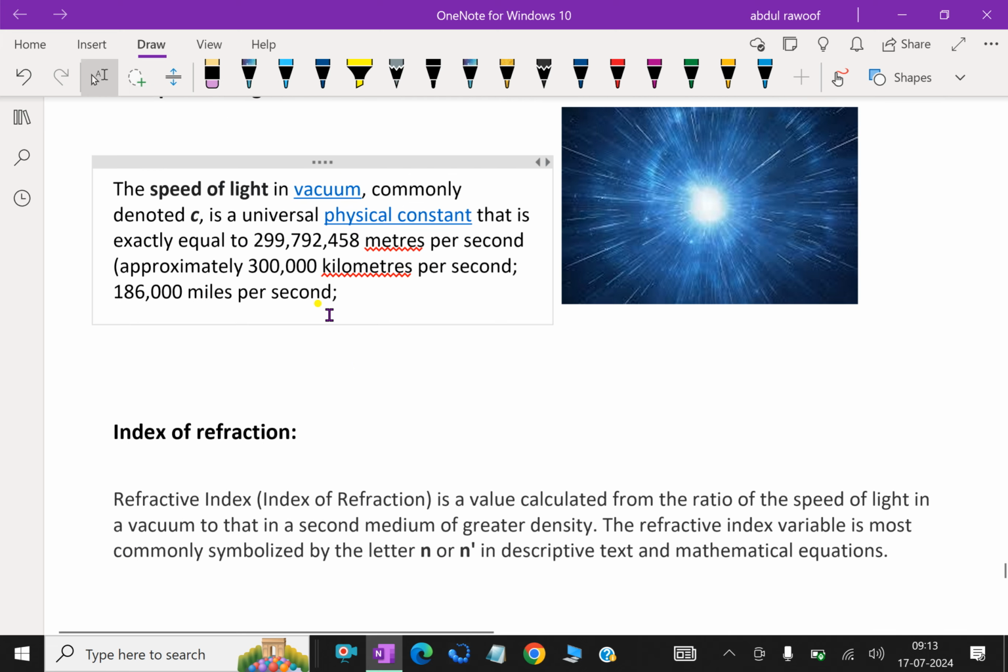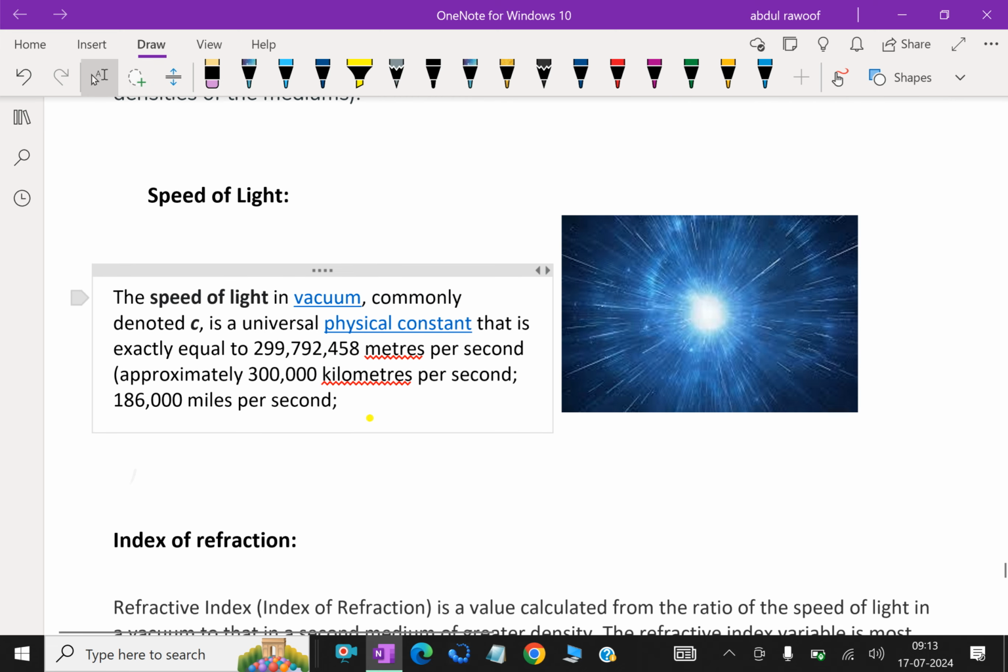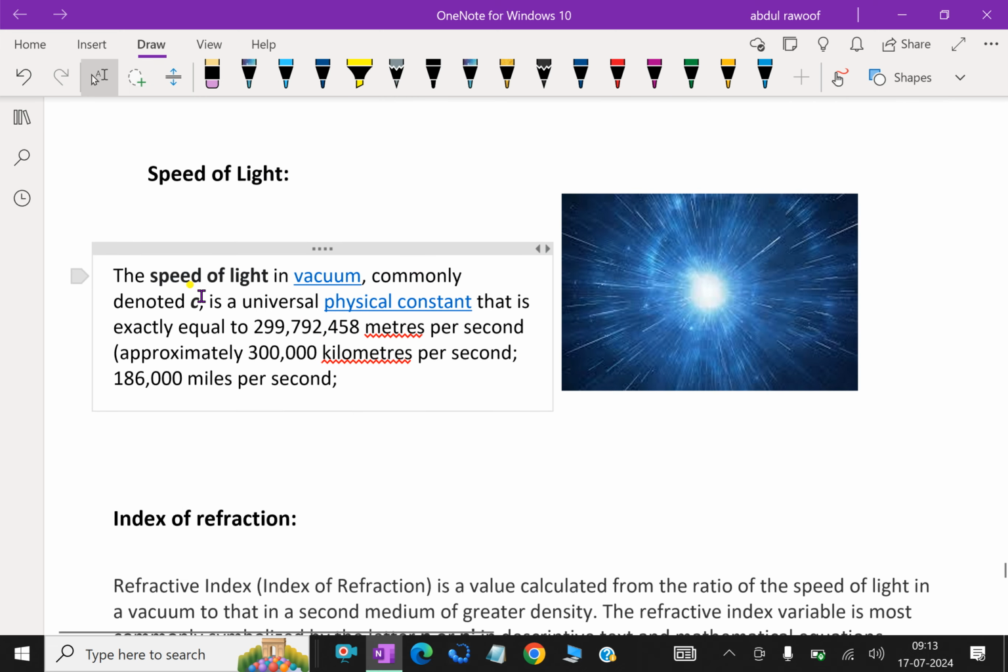Next, speed of light. The speed of light in vacuum, commonly denoted c, small c, is a universal physical constant that is exactly equal to 299,792,458 meters per second.